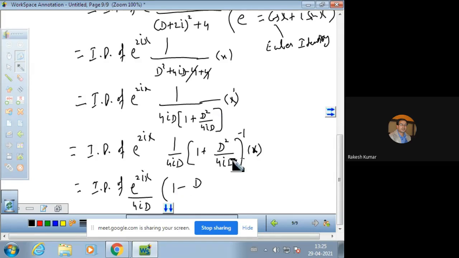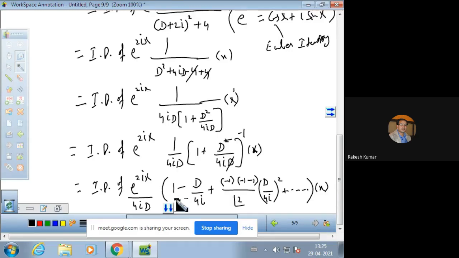Now you see d can be cancelled with the d. So now you can apply the binomial. So 1 minus d upon 4 iota, and the next term will be minus 1 minus 1 minus 1 upon 2 factorial into d over 4 iota square plus so on. And outside there is x.